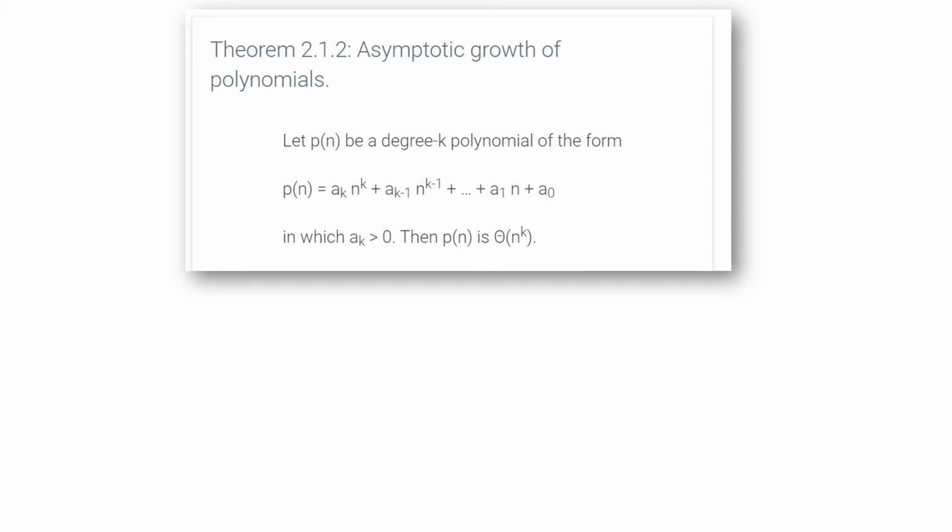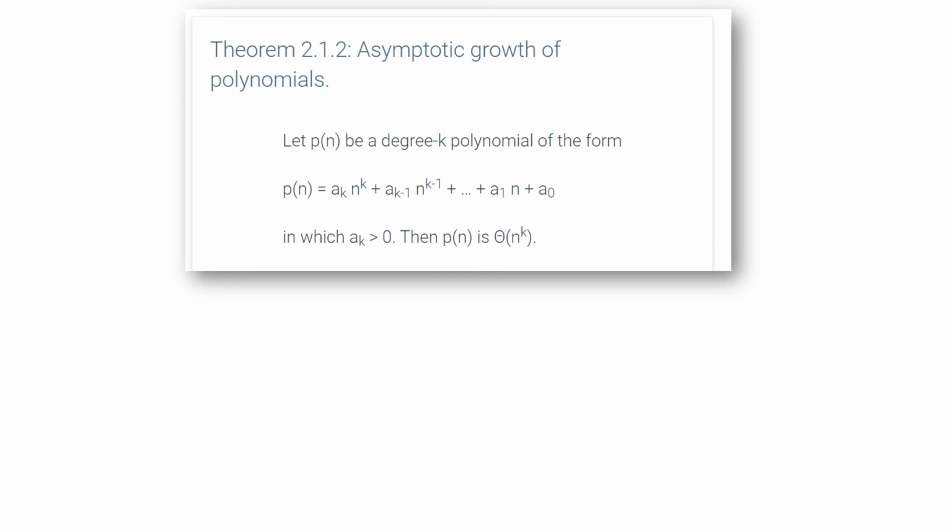Now, of course, we have this one caveat here, that the leading coefficient can't be negative. That leading coefficient a sub k has to be positive, because remember we saw it wasn't a problem for finding an upper bound, but it was a problem for finding a lower bound. We found that f would not be omega of n to the k if we have a negative leading coefficient.